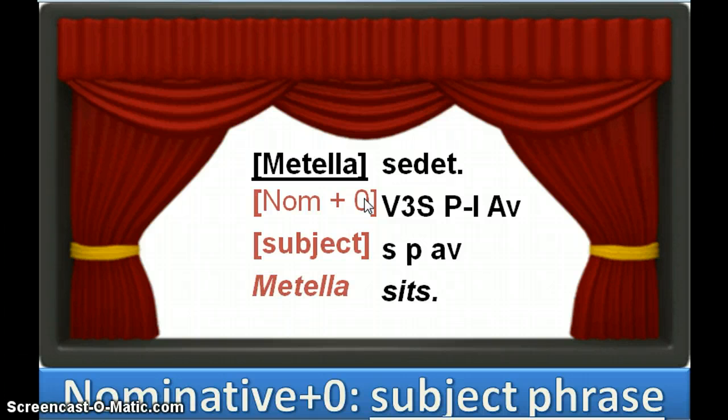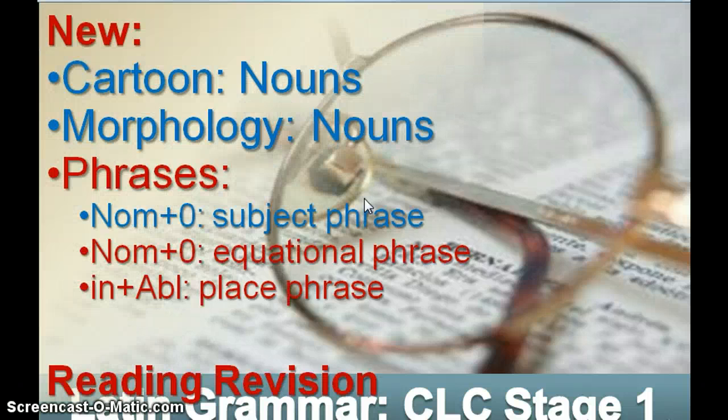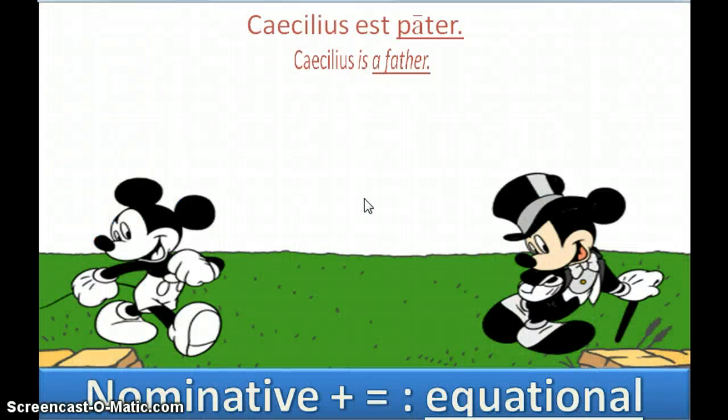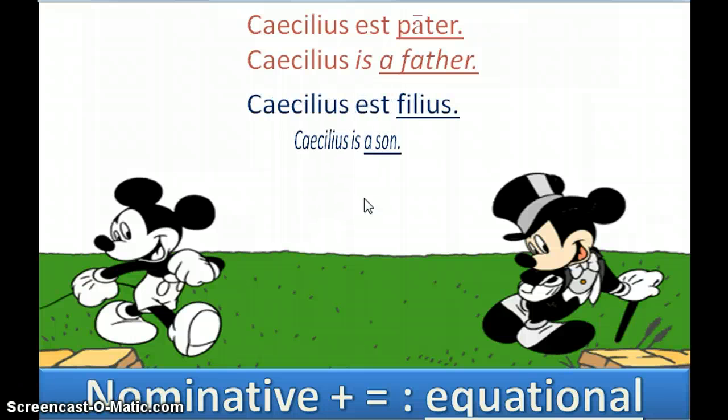So it's Metellus. Well, can the nominative be used for anything else? It can be used for what's called an equation. When you have a verb of equating, such as is, you'll have a nominative on one side and a nominative on the other. Both can't be subjects. One is the subject and one is the equational. Caecilius is a father.